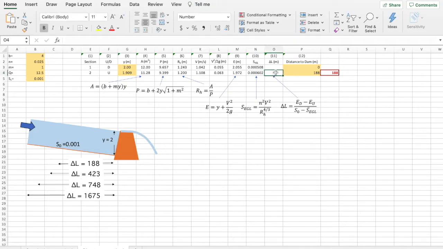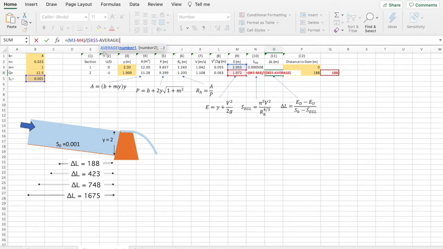And then we need to determine the delta L. So the delta L equals the ED minus EU, divided by the slope minus the average slope of energy.